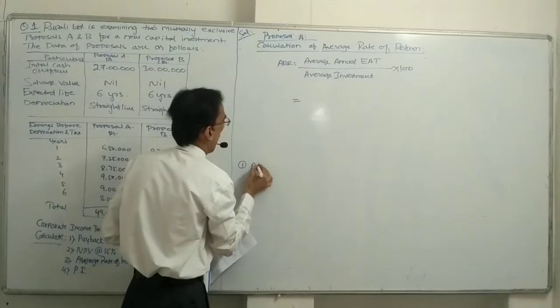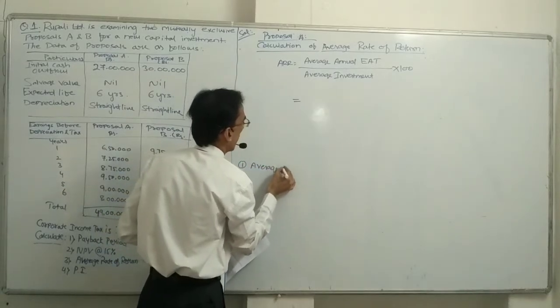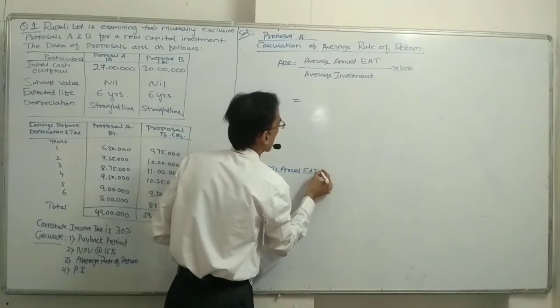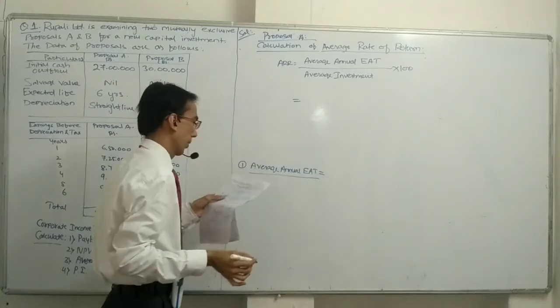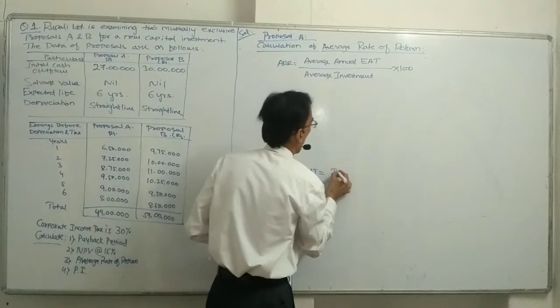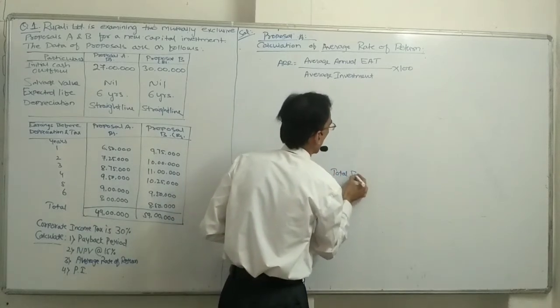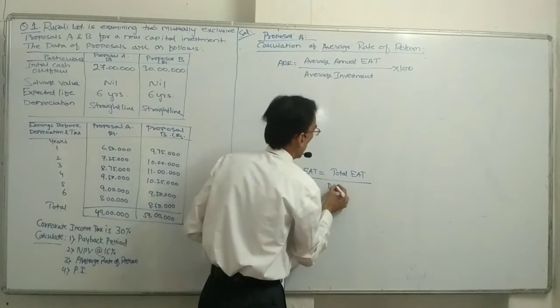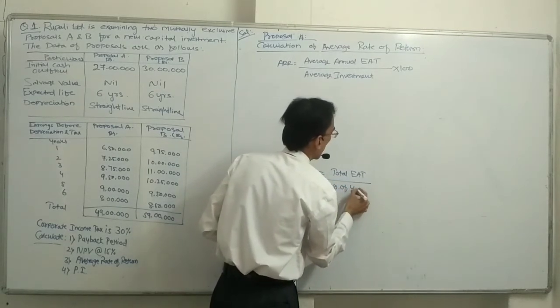Number one, average annual earning after tax is equal to total earning after tax divided by number of years.